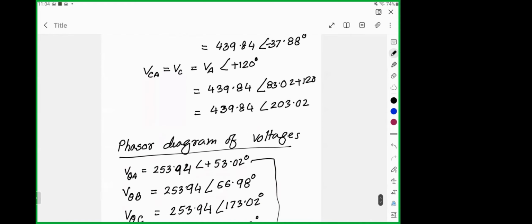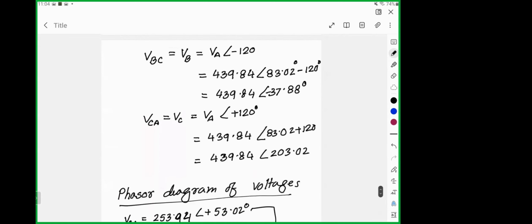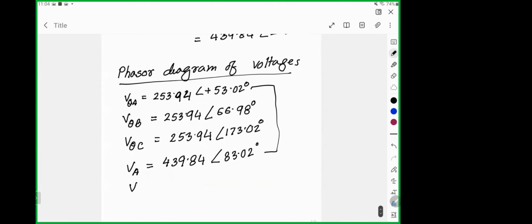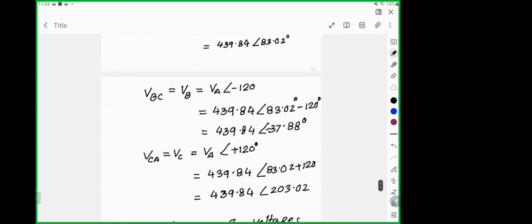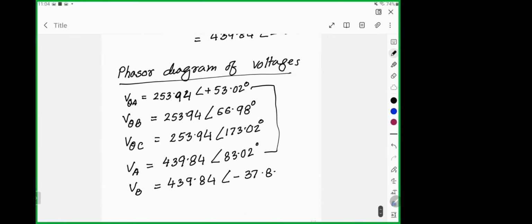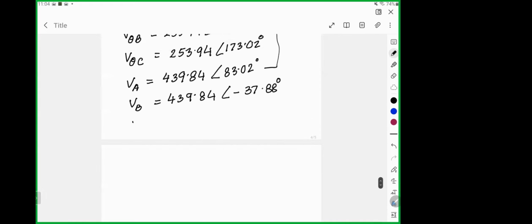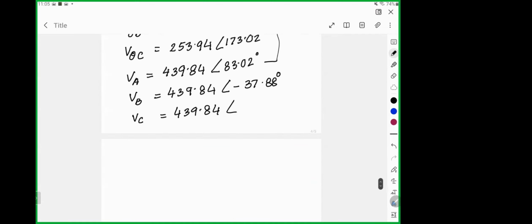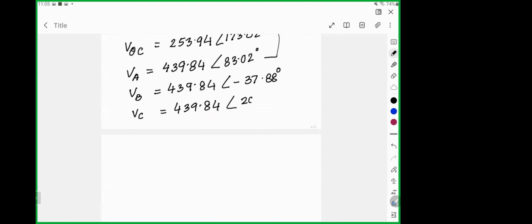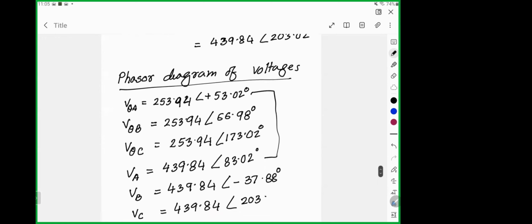The second one, we have found 439.84 and an angle of minus 37.88, so that is slightly different. And then the last quantity, VC, is equal to 439.84 at an angle of 203.02.